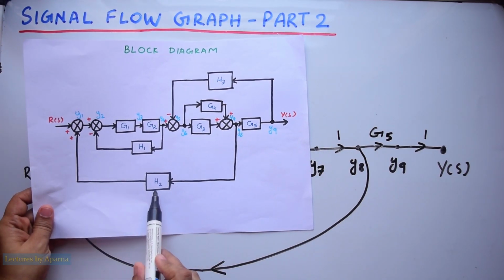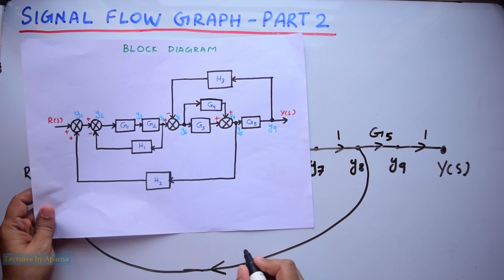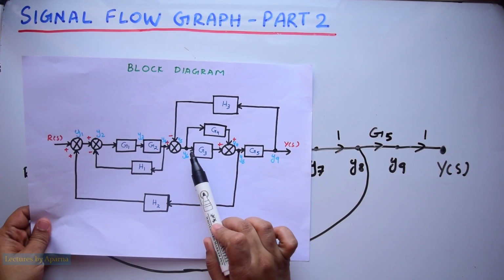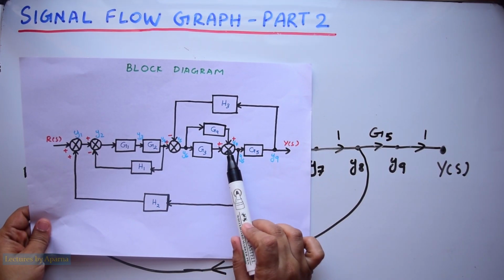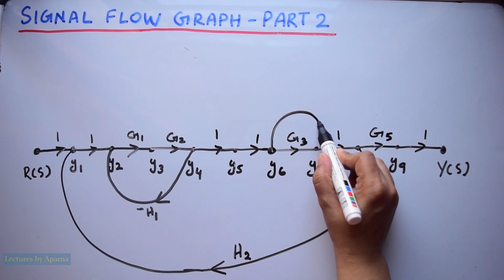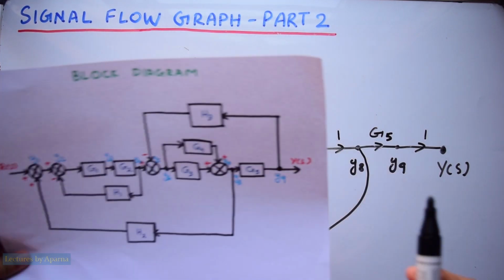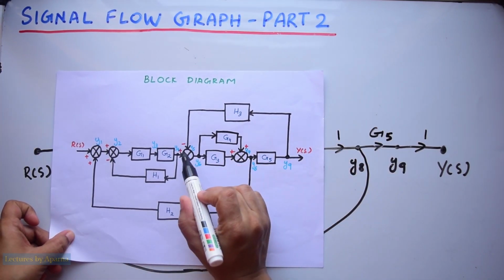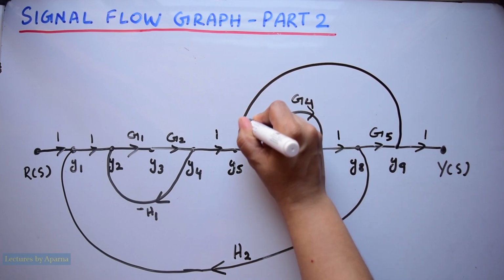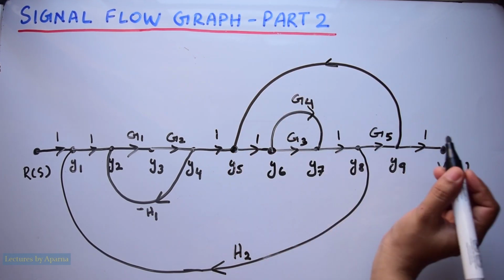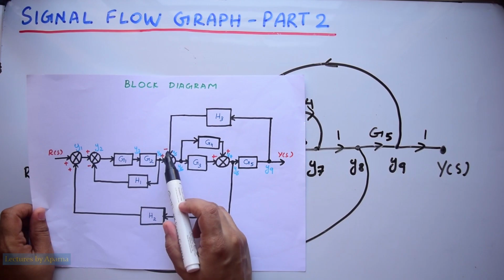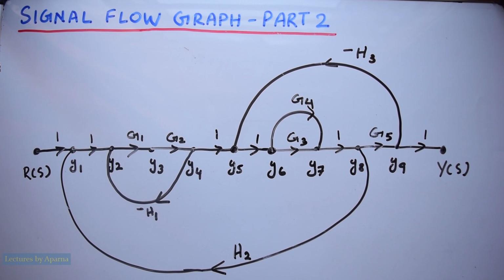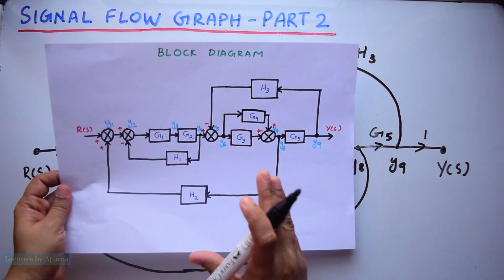Its gain will be plus H2 because it is a positive feedback. Now between node Y6 and Y7 there is a forward path with gain G4. And from node Y9 to Y5 there is a negative feedback path, so you have to mark it as minus H3. So this will be the equivalent signal flow graph of this block diagram.